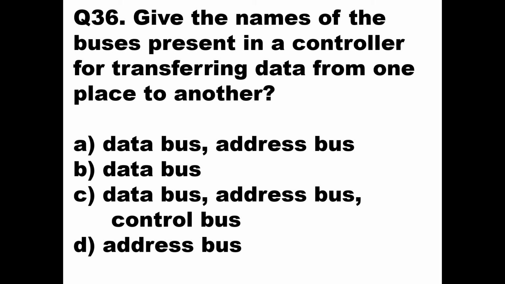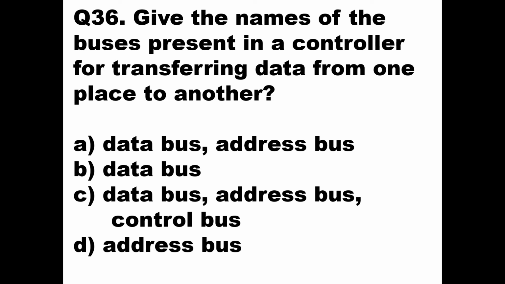Then, in relation to the data, we need the address of the memory where that particular data is present. So along with the control bus, we should also have address buses. Once you get the address of the memory, the actual data from that location will be transferred. For that transfer we also require a data bus.